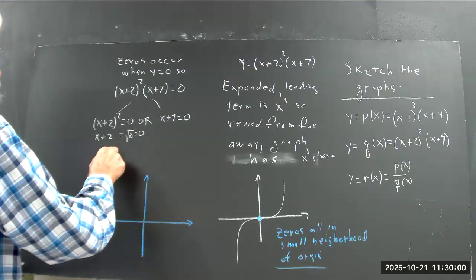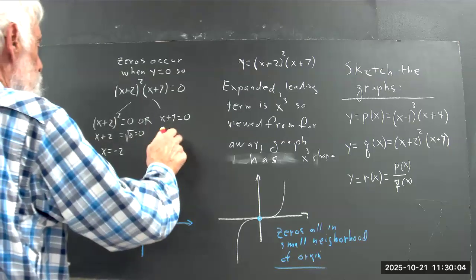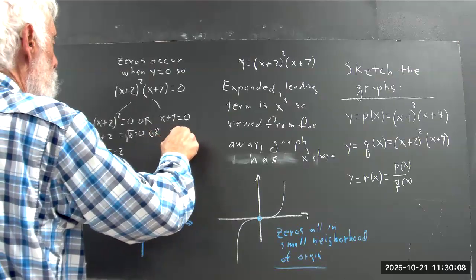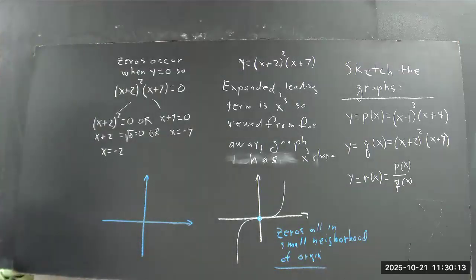And you get then x equals negative 2. And then x plus 7 equals 0. Well, you can solve that. You go through the steps. You're going to get x equals negative 7.